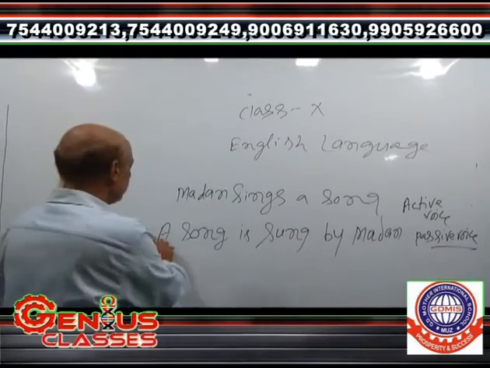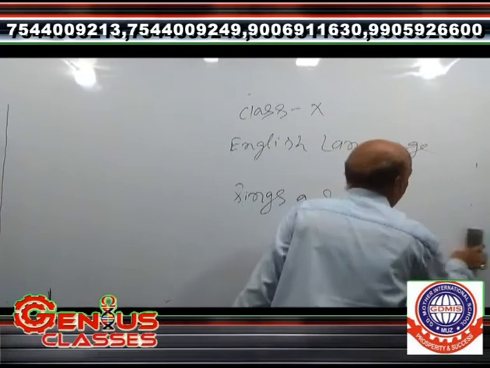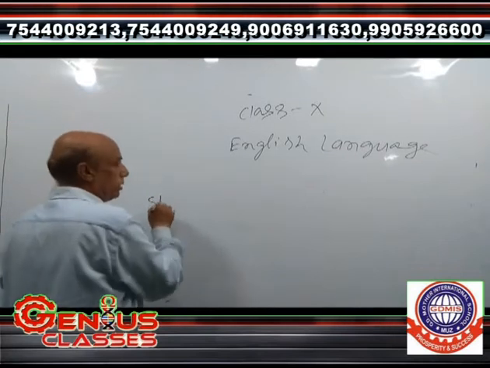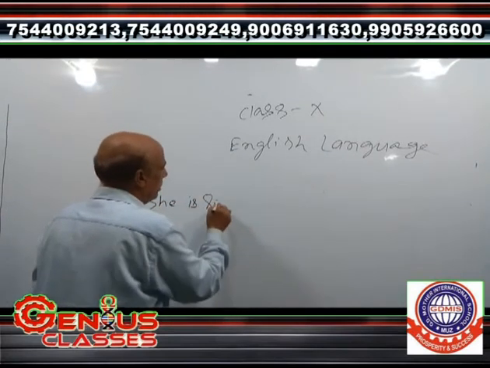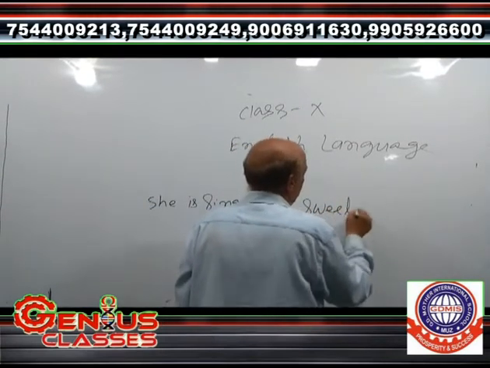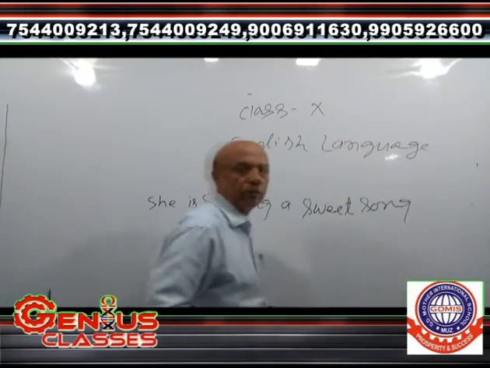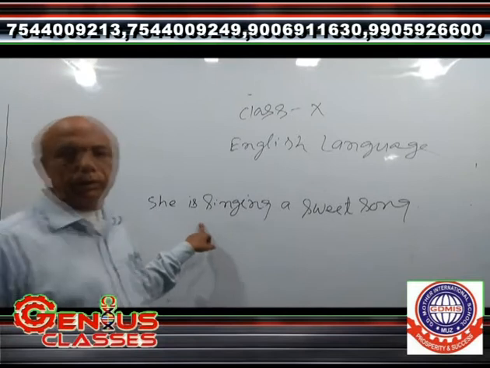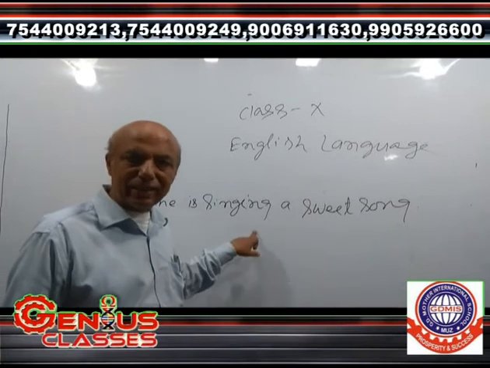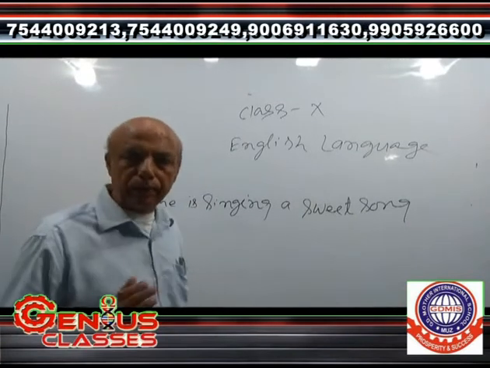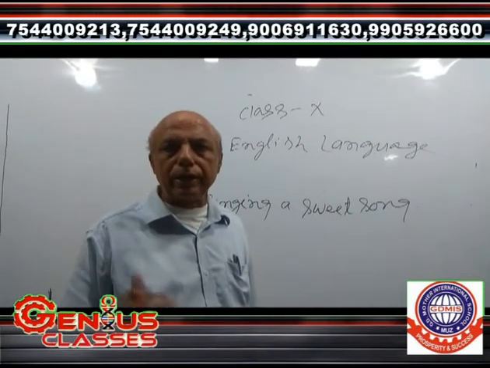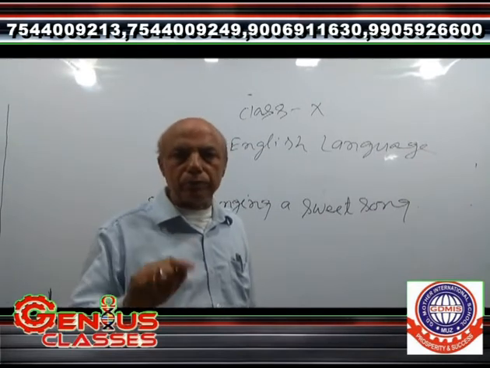Next, she is singing a sweet song. This sentence is in present continuous tense, and whenever we change from active into passive in present continuous tense, being is used.